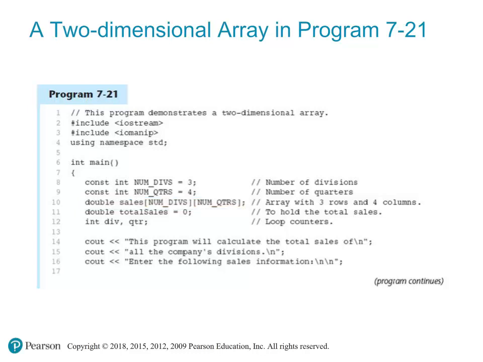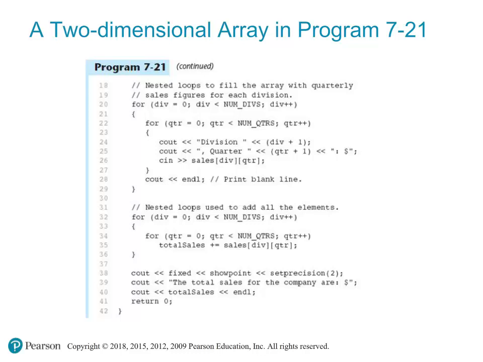We also declare totalSales to keep track of the cumulative sales across all divisions and quarters. And the loop counters div and qtr will be used to iterate over the rows, which are divisions, and the columns, which represent quarters. We inform the user what the program does and ask them to input the necessary data.